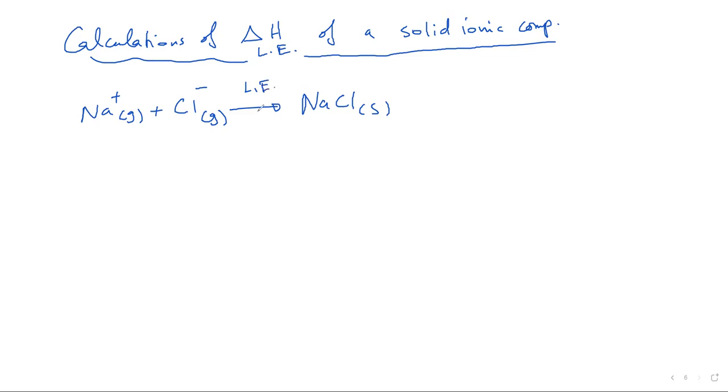It is the energy released when sodium chloride solid is formed from the ions, the sodium ion positive and the chloride ion negative. So here, this is the amount of energy released, and we said that this is called the lattice energy. And of course, the lattice energy is so difficult to be found experimentally.